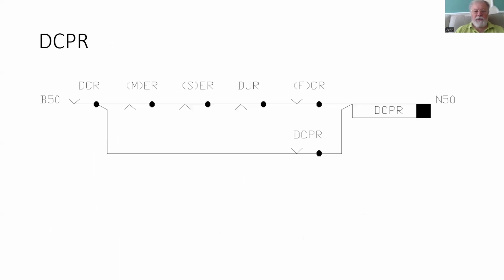So we saw the DCPR right at the beginning. DCPR requires the DCR, proving no destinations registered, up, and then both the MER and SER down to prove that no entrance has been registered. And in order for the reset of the PBI, it requires that the DJR has dropped and the FCR is energized, proving that no buttons are being pressed and held in.